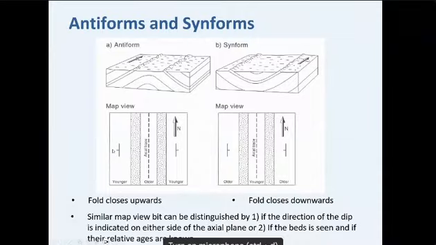In map view, this is what you get. You can see that this bed is dipping in this direction, and this one is dipping in this other direction. For a synform, this bed is dipping in this direction, and this is dipping in this other direction.